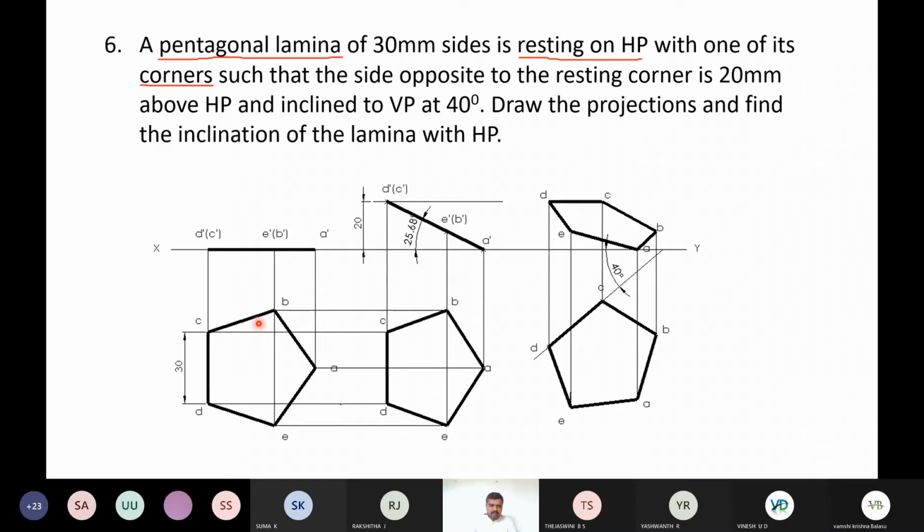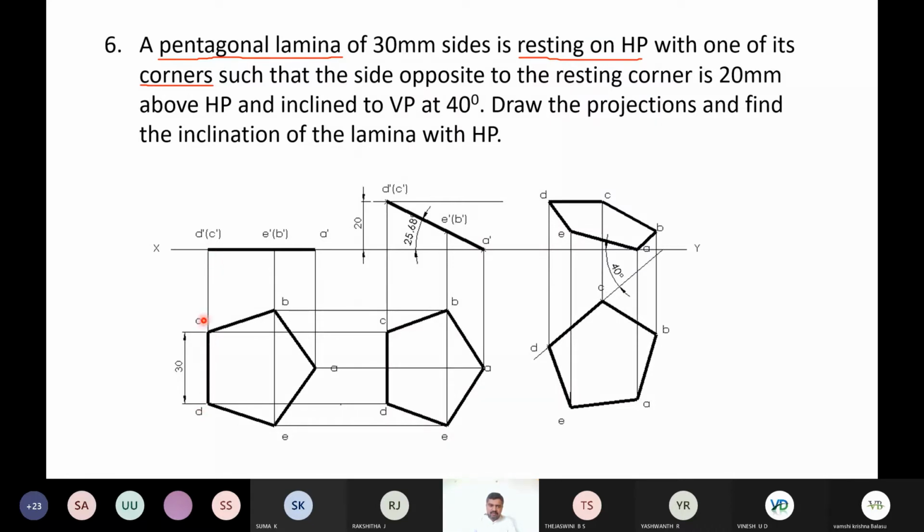So here A is the resting corner. Side opposite to resting corner means the side in front of this, that is CD. This is exactly opposite to A. CD is the side opposite to the resting corner.